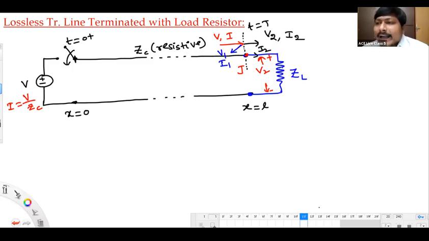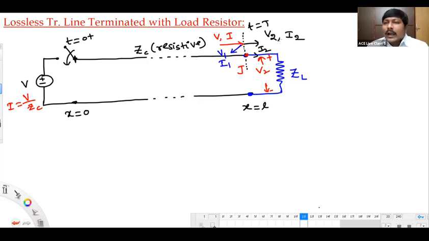I have to find the values of V2, I2 for any value of ZL given at the receiving end, irrespective of ZC. We should have the capability of getting V2, I2. Please listen.